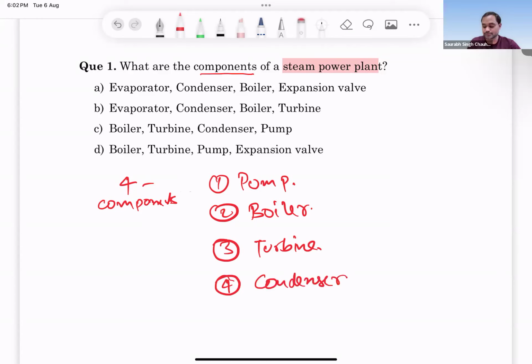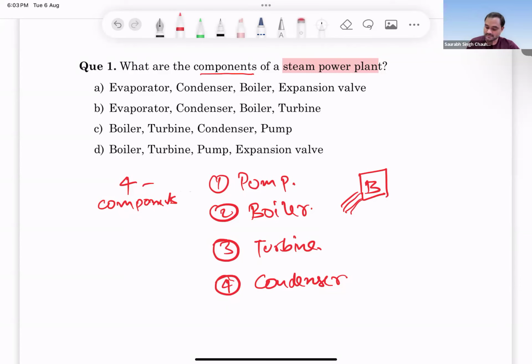Okay, so what happens? A steam power plant basically works with water as the working fluid. Water goes into the boiler. In the boiler, we provide some heat from combustion or any other source. In the boiler, water changes from liquid to gas.